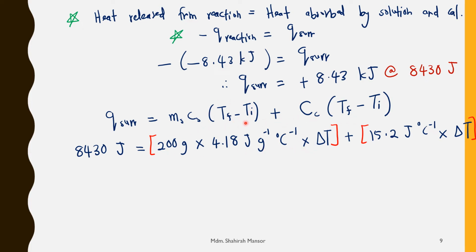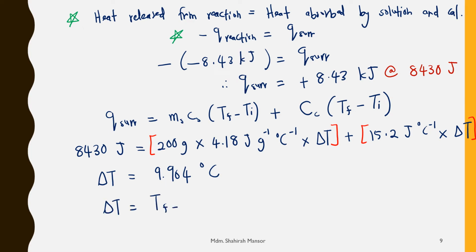Letakkan ini sebagai delta T. Alright, so finally you akan solve untuk delta T. Cari nilai untuk delta T. And that will give you 9.904 degree Celsius.